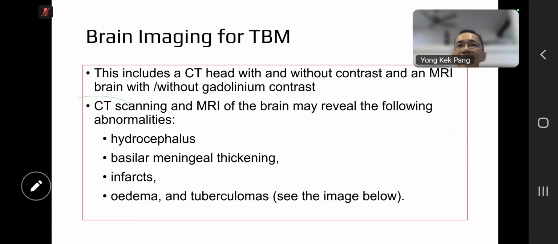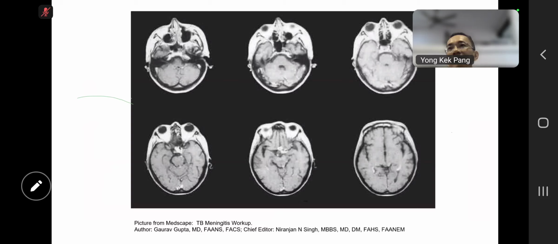For us to suspect TB meningitis, we look for some of these features like hydrocephalus, basilar meningeal thickening, look for a brain infarct, look for edema, and look for tuberculomas. Okay, so here you can see the tuberculoma in the MRI scan.